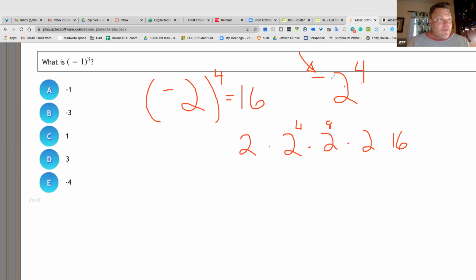And then this negative comes sweeping in at the end. You know, this is the one person where everybody's having fun at the get together, and then there's that one person who jumps in at the end and just makes it all negative. So this one equals negative 16. This one equals 16.